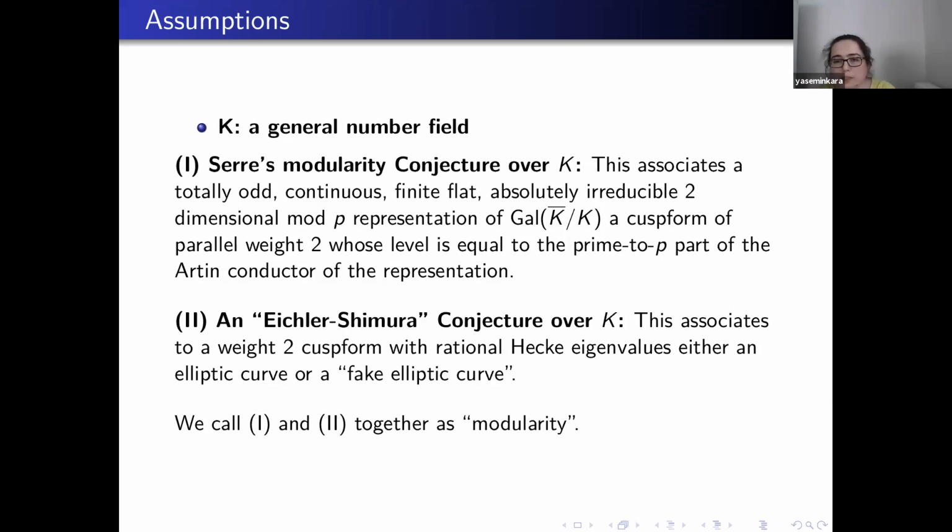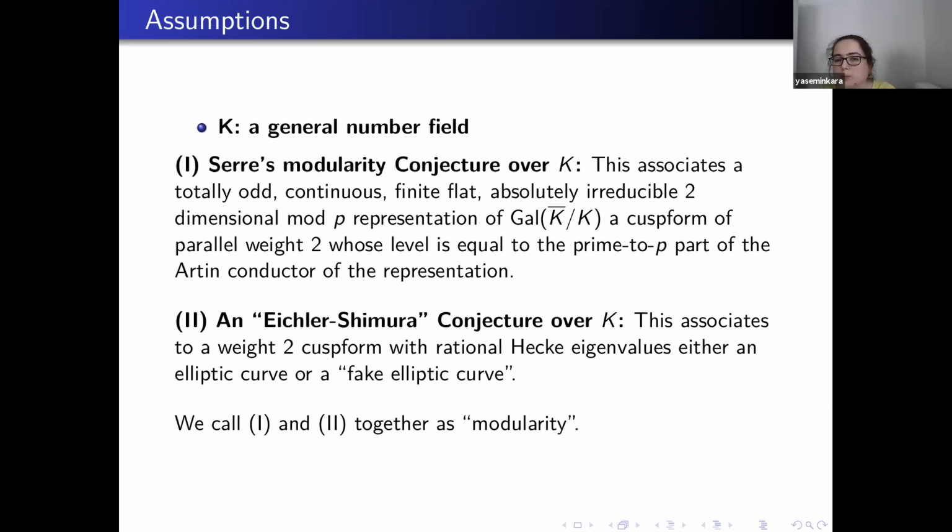Eichler-Shimura for an arbitrary number field is different than if K is a totally real field. Here, this conjecture associates to a weight 2 cusp form with rational Hecke eigenvalues either an elliptic curve or a fake elliptic curve.